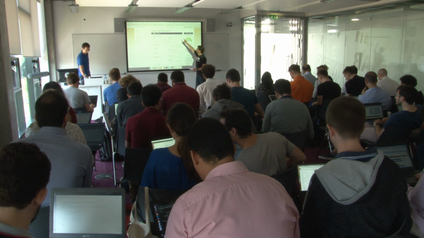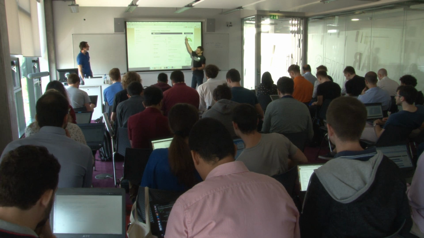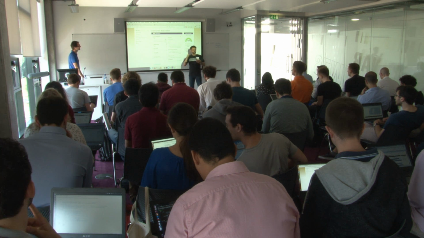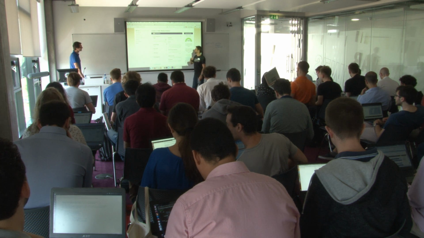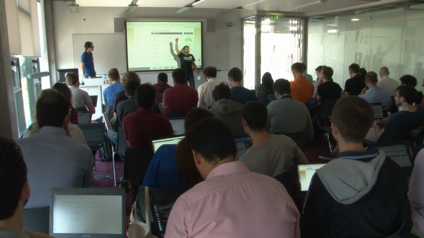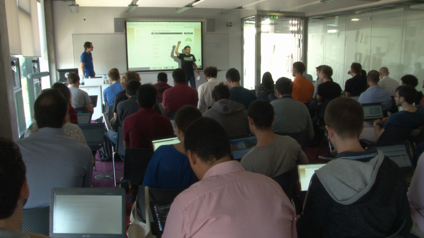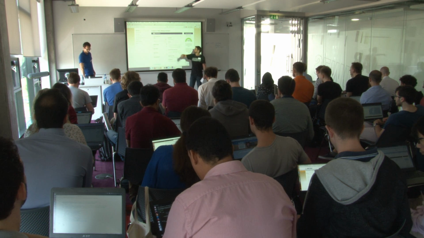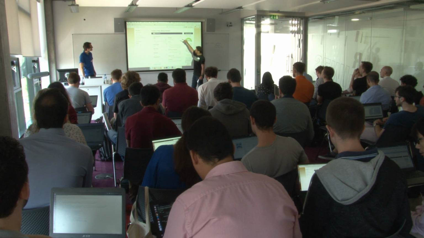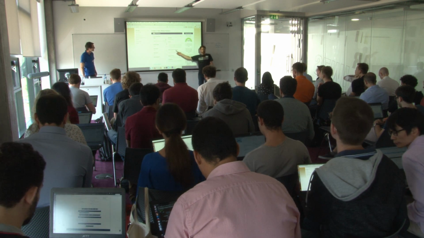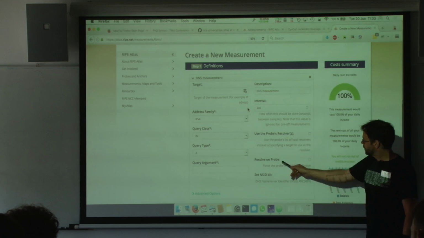Yeah. So one thing I noticed is that the interface might be a bit confusing, especially if you're not into DNS much. The target here for a DNS measurement is the actual DNS server that you're targeting, so that's not the thing that you want to resolve. But there are two options here: use the probe's resolver, and resolve on probe.